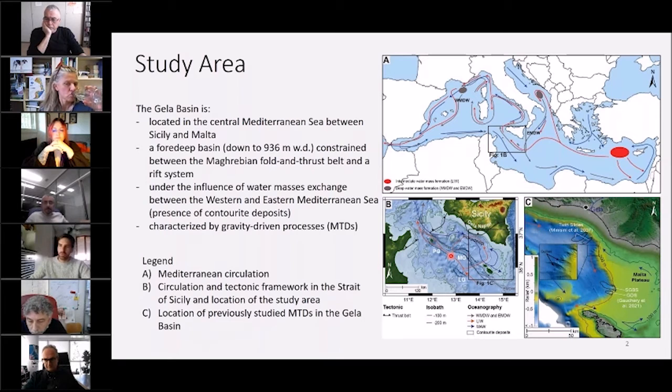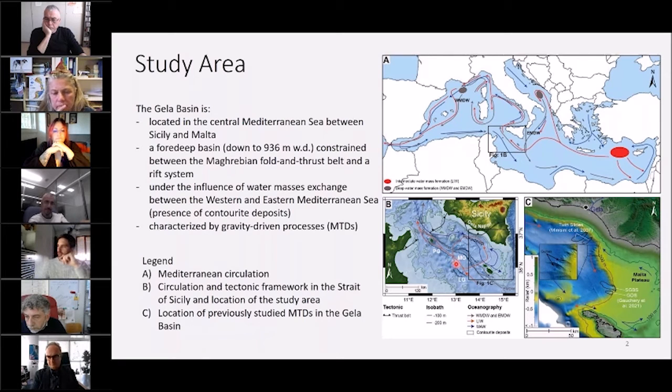In the north and in the south, we have a rift system, an extensional rift system, which started from the late Miocene to early Pliocene and continues through the Quaternary, and which forms deep grabens.